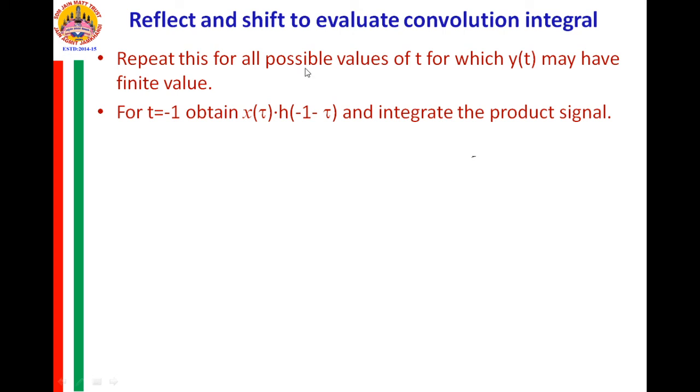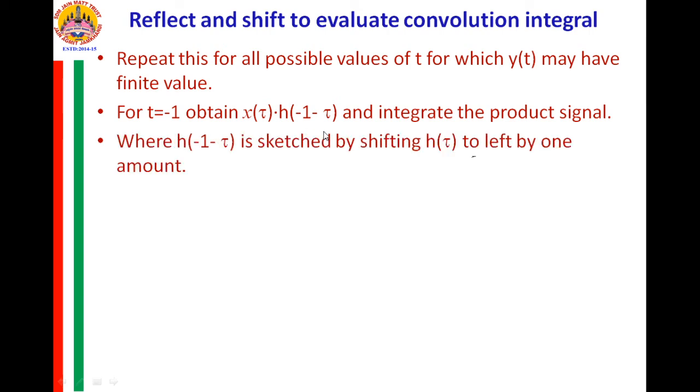Consider that we need to find y at t equal to minus 1. Then we need to obtain h of minus 1 minus tau and the product signal, and then integrate this product signal. Now, to obtain h of minus 1 minus tau, we have to shift h of minus tau left by an amount of 1.